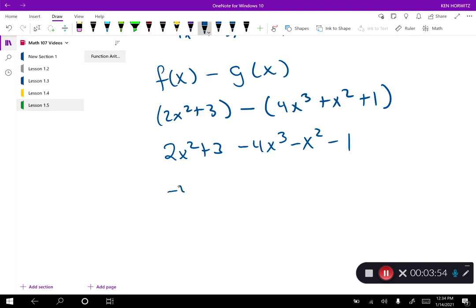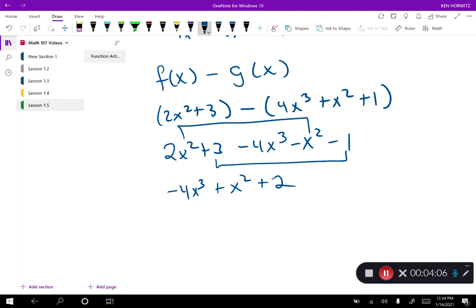So I have negative 4x cubed plus x squared plus 2. All right, so again, the only step you have to put on top of this for subtraction is distributing that negative first, and then it's just a matter of adding like terms.